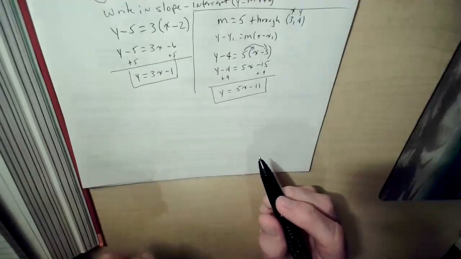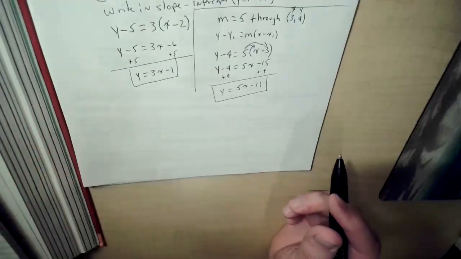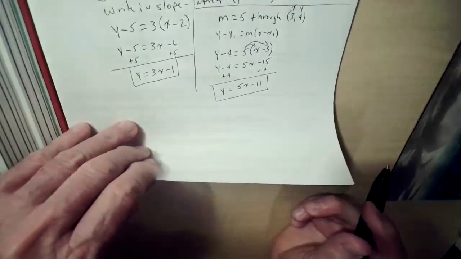Okay. Now, about as difficult as these get is when you have these godless negative numbers in there. Okay.